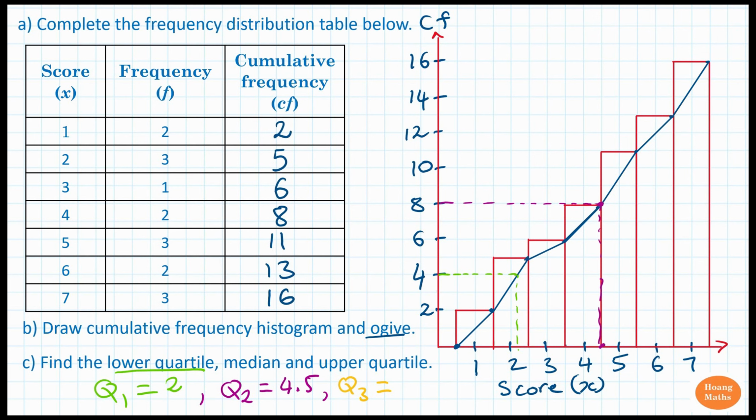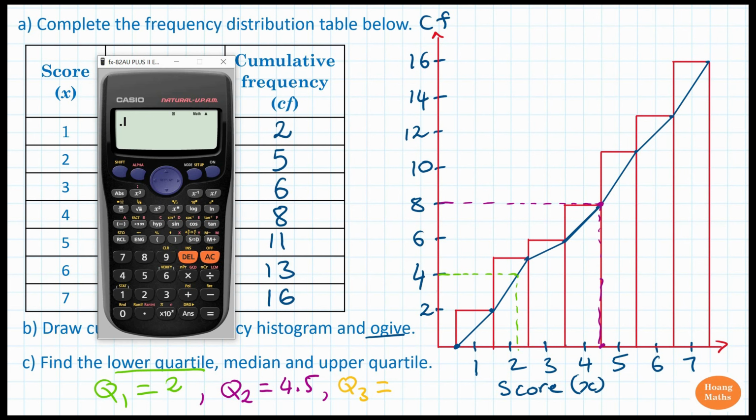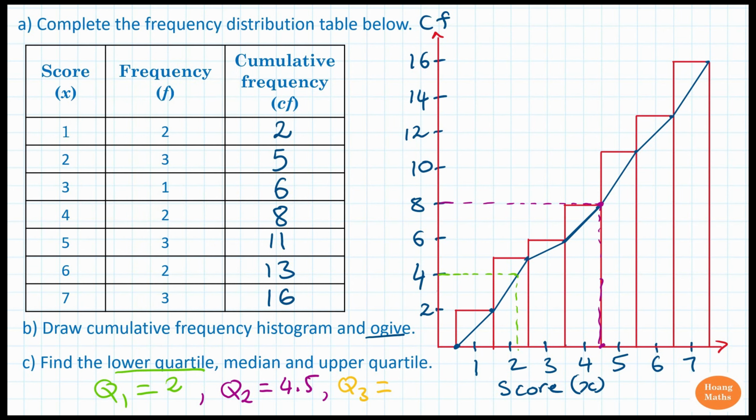Otherwise, you just go 0.75 because 75%, okay, of 16, which is 12. So you go all the way to 12 and just go across with a ruler if you like. Then you just go down. So this is right on the 6. So the upper quartile is 6.